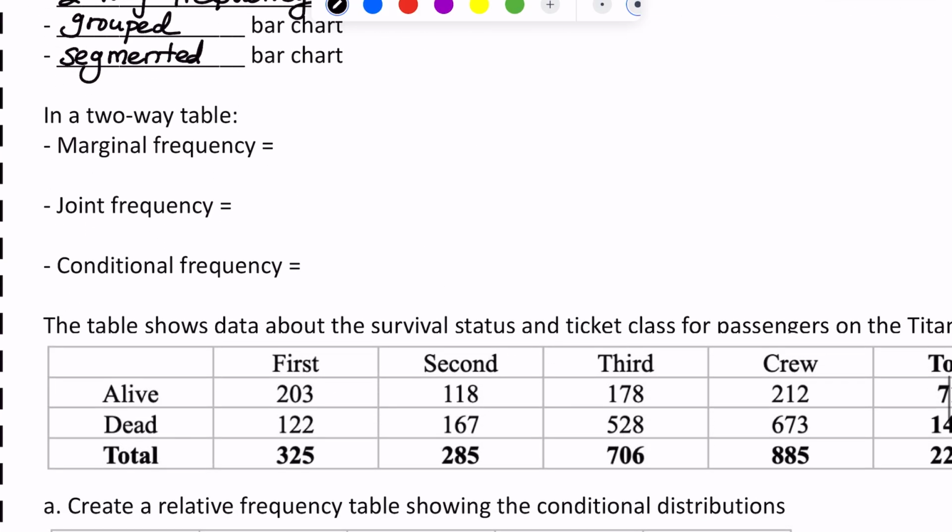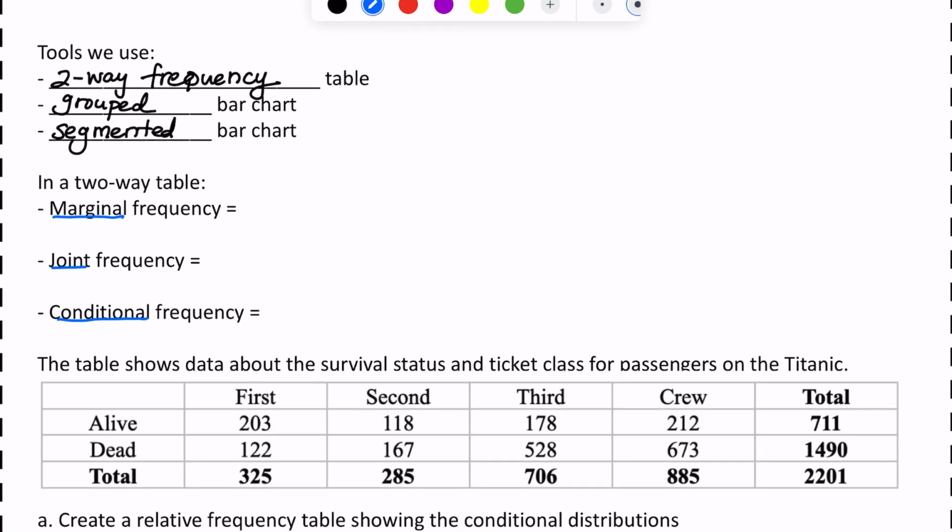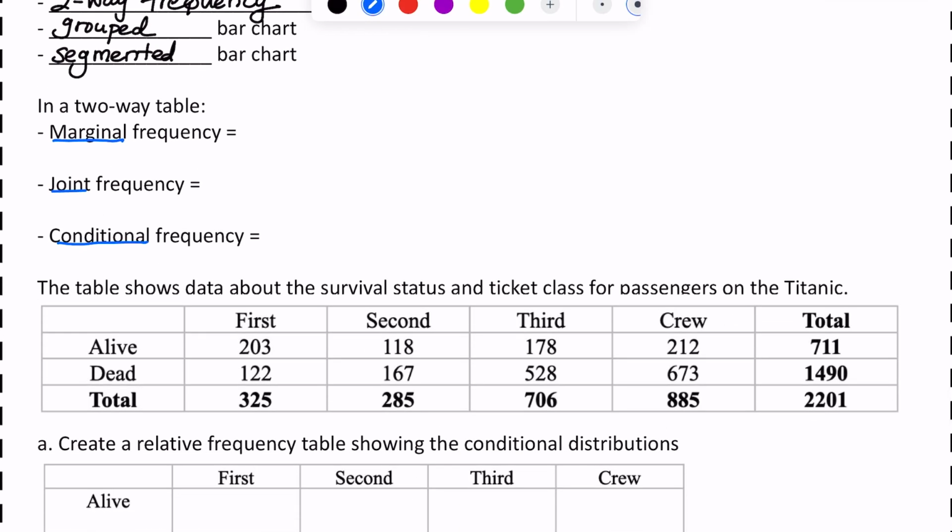So, first thing we learned about was all about two-way frequency tables. And we learned how to calculate marginal frequencies, joint frequencies, and conditional frequencies. Marginal frequencies is when I take a row or a column total and I divide it by the grand total.